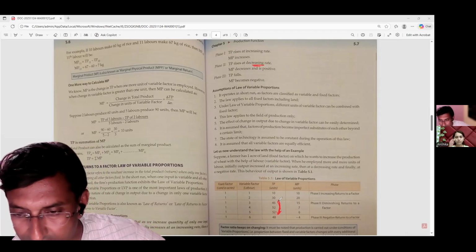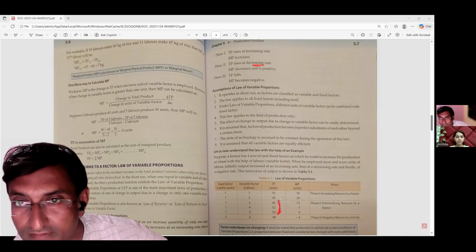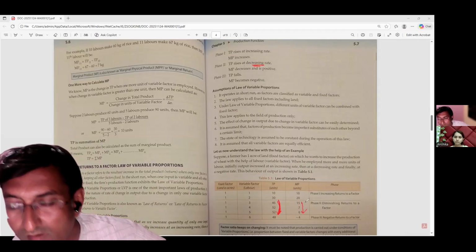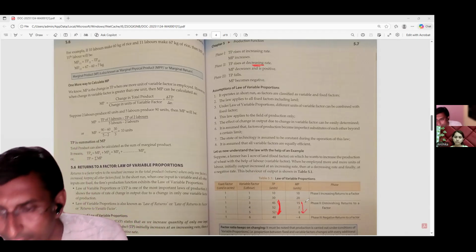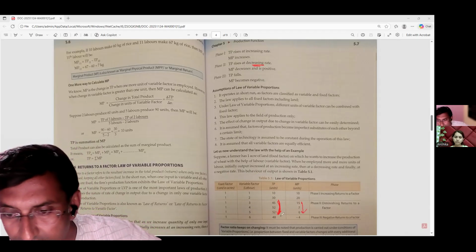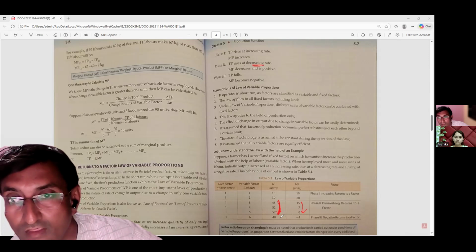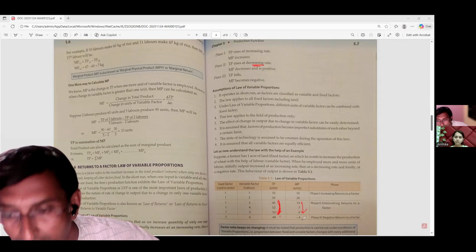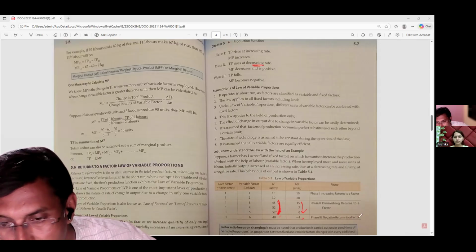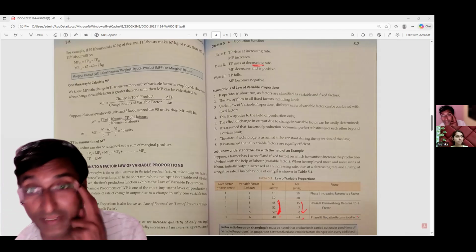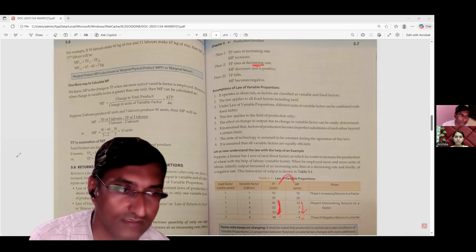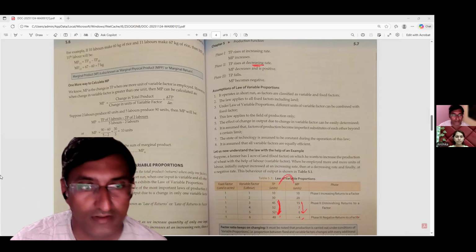TP rises at a decreasing rate. And then MP decreases and remains positive. And then TP falls, and MP becomes negative. Okay. Negative returns to a factor. The entire thing depends upon TP and MP only.